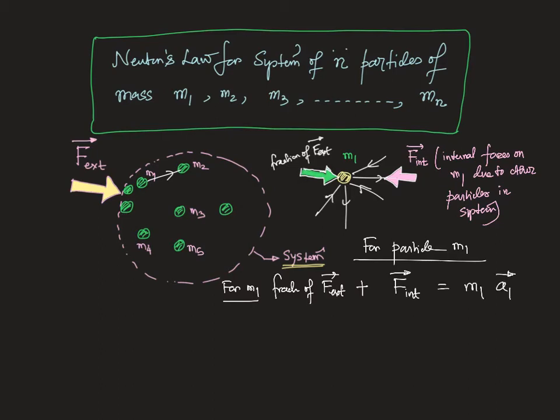So a1 is the acceleration of particle 1. So here also we can mention a1, a2, a3 up to an are the accelerations of particles m1, m2 up to mn.